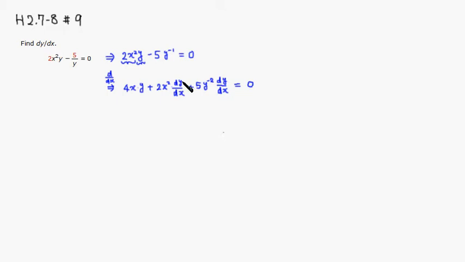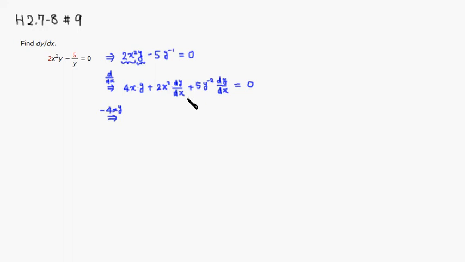Then I'm going to group these two terms together because they both have dy over dx, and put 4xy onto the other side. First we get rid of 4xy by subtracting 4xy from both sides.